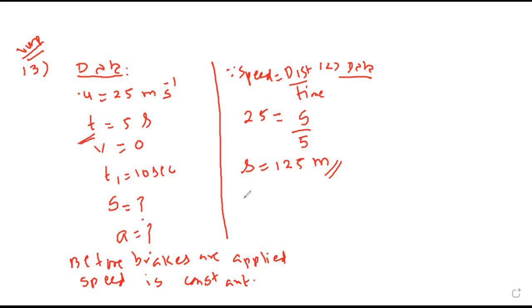Then acceleration A is V minus u upon time t1, because brake is applied after 5 seconds. Sir, velocity is uniform, not speed?